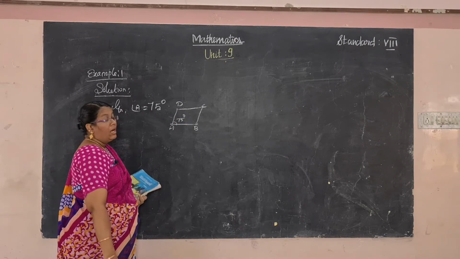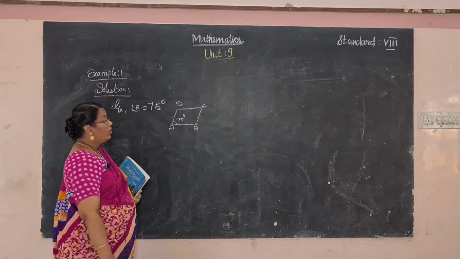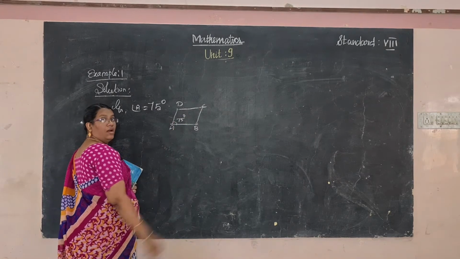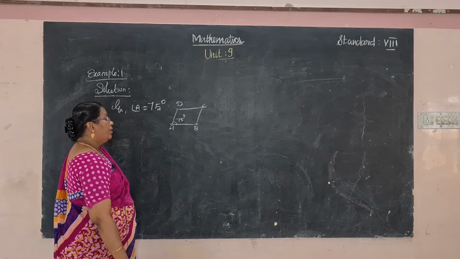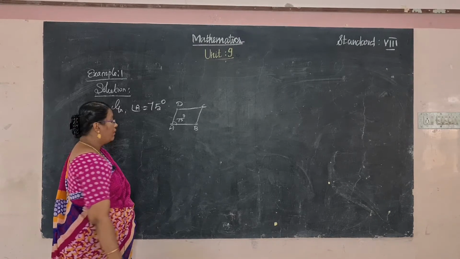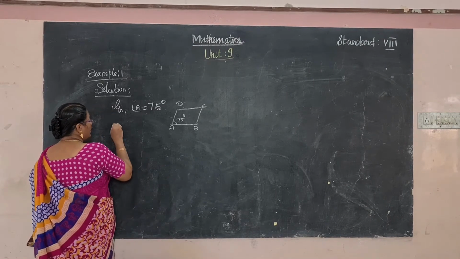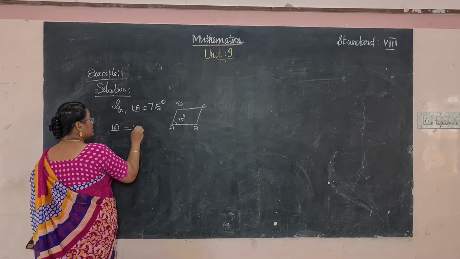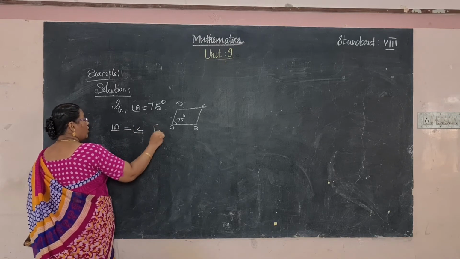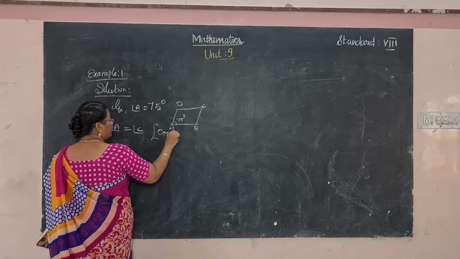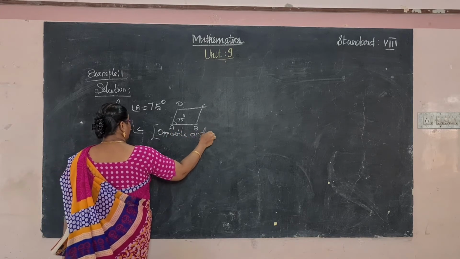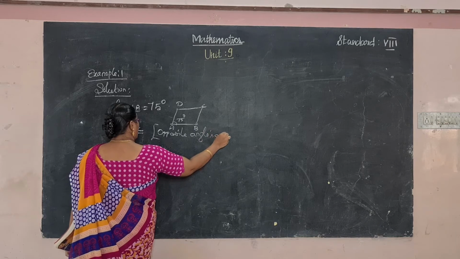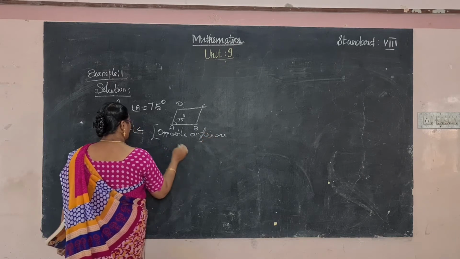We know the properties of the parallelogram: opposite angles are equal. So angle A is equal to angle C, since opposite angles are equal.